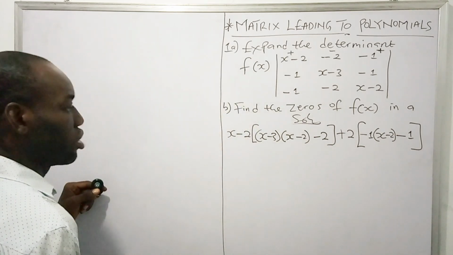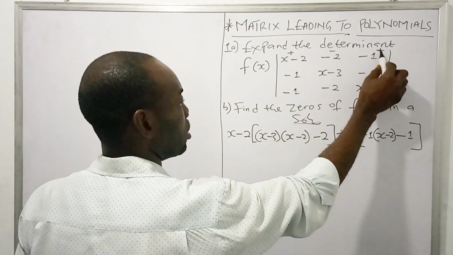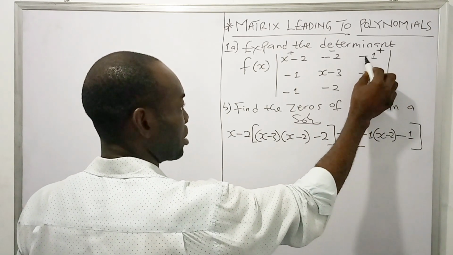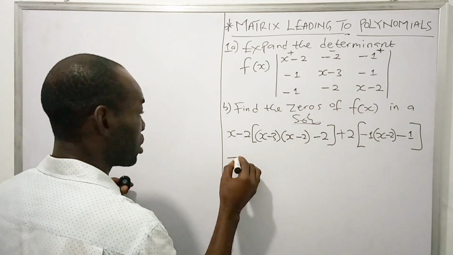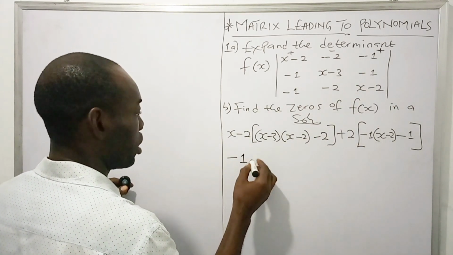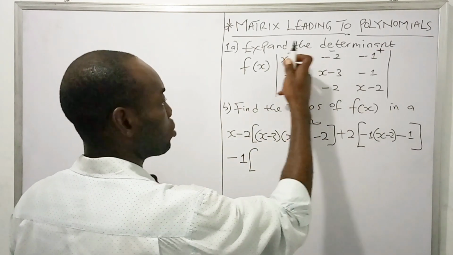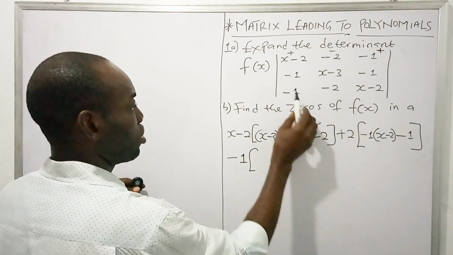Thereafter, we get to the next one, which is the last one here. The sign ascribed to this entry is positive, but the entry itself has a negative sign. So negative against positive will give us negative. So we have minus 1 there. Then we'll open our bracket. We close here up and also close here up, so we work with these 4 entries here.